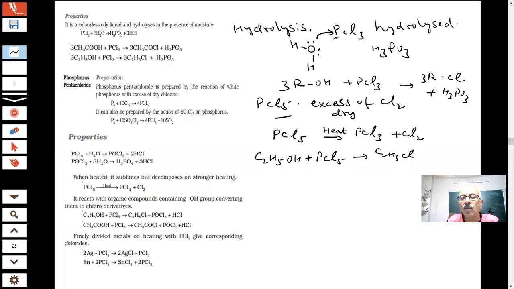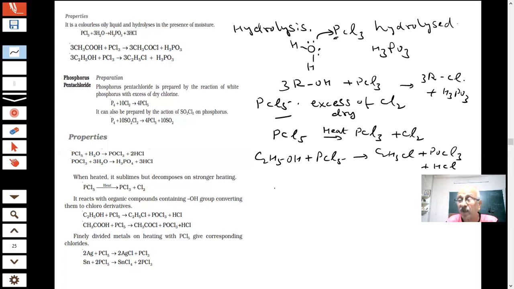C2H5Cl, plus POCl3, and you have an H and Cl. So we can get these from alcohols and carboxylic acids also. We know how we can prepare acid chlorides.